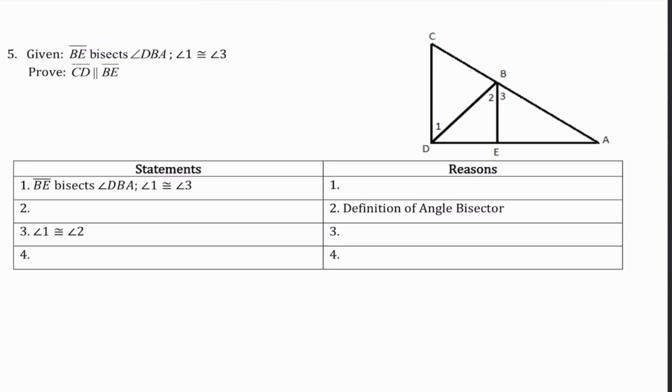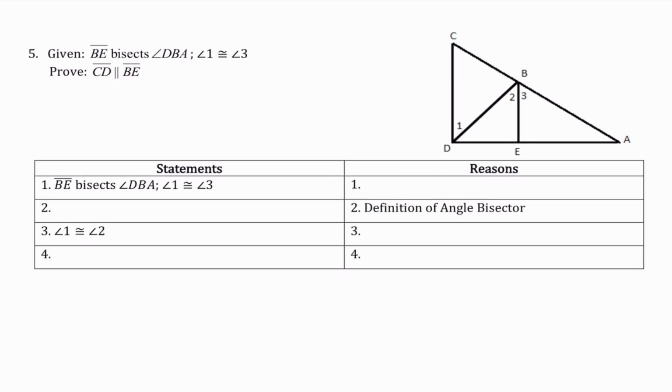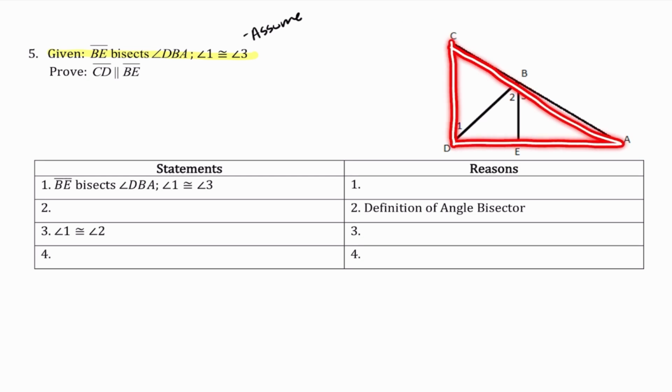The last problem for today, number 5, it says, given segment BE bisects angle DBA and angle 1 is congruent to angle 3, prove that segment CD is parallel to segment BE. Now look at the given. Anything from the given we can assume true. And that includes the diagram itself, which is a triangle.